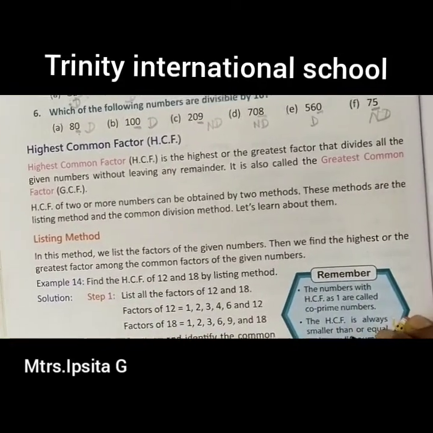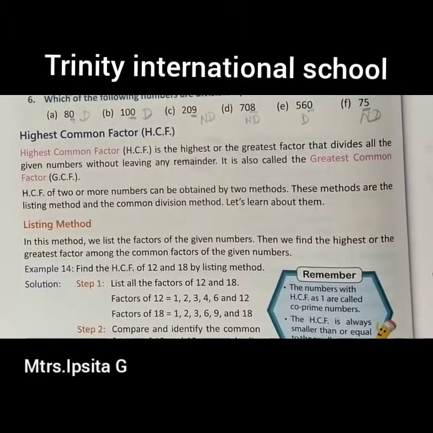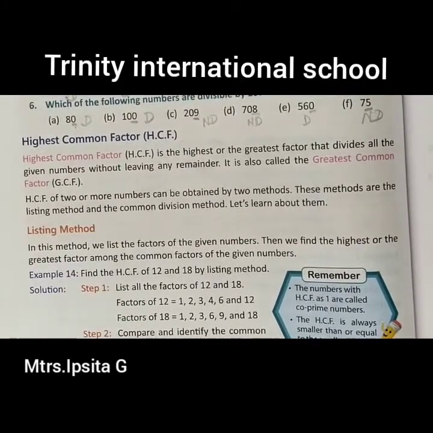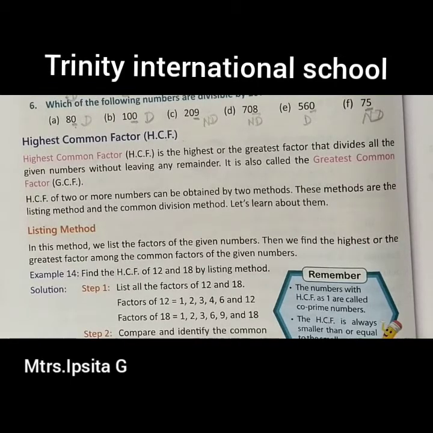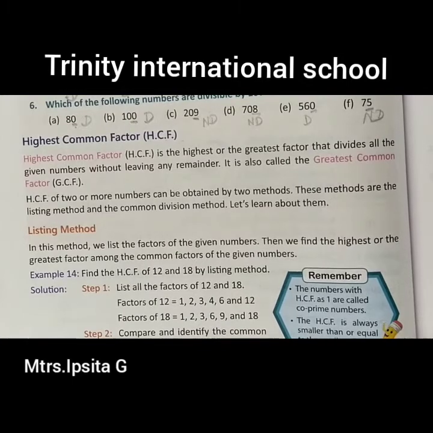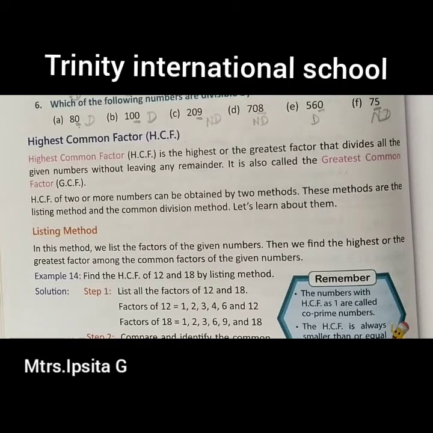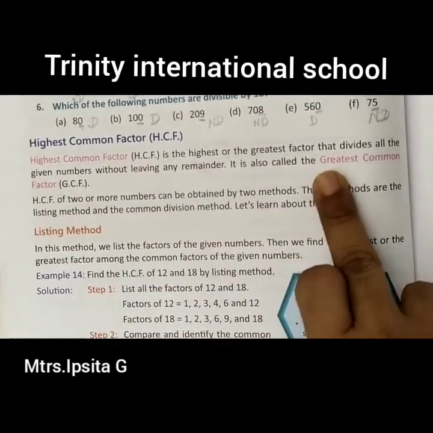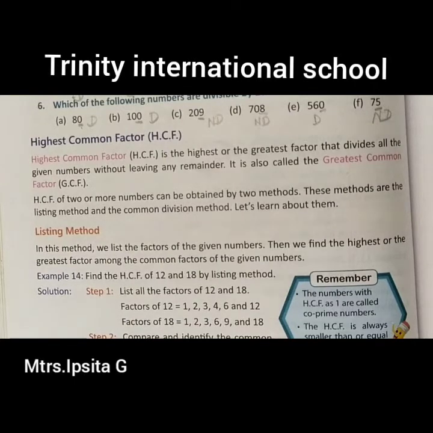So highest common factor means you have to take out the factors, and out of the factors whichever is the highest one, that you have to say as the highest common factor. Another name is greatest common factor or GCF.